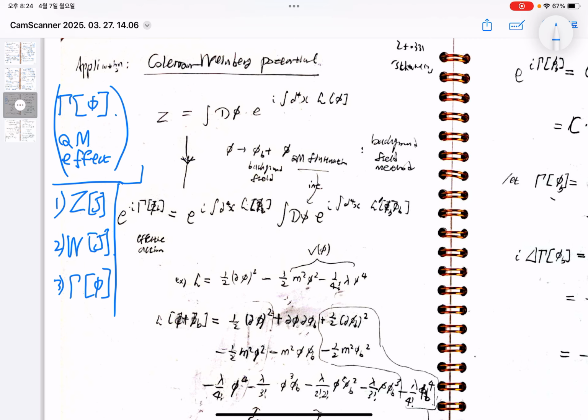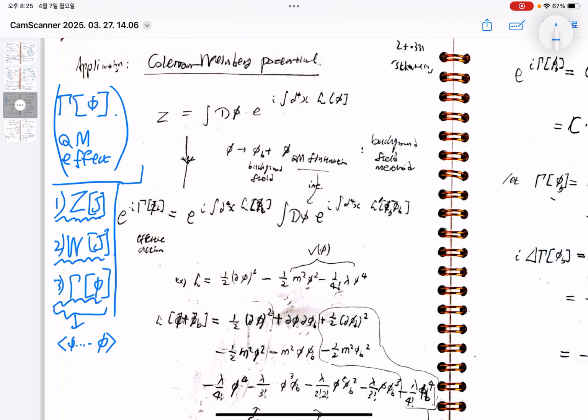If we differentiate such generating functionals, then we can obtain the n-point correlation functions of several types. First of all, in the Z, we can obtain all the diagrams, but for the W, we can obtain the connected diagrams, and in the case of the gamma effective action, we can obtain the 1PI diagrams.